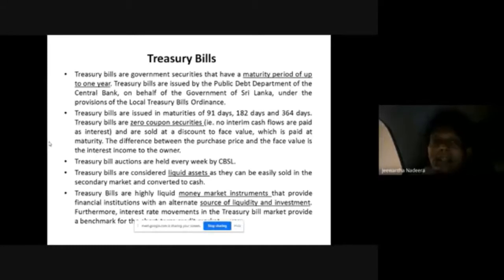The central bank releases the results by 2 p.m., so then you know how much of your bids were successful and how much you have to pay on Friday. On Wednesday 2 o'clock you will receive that information.